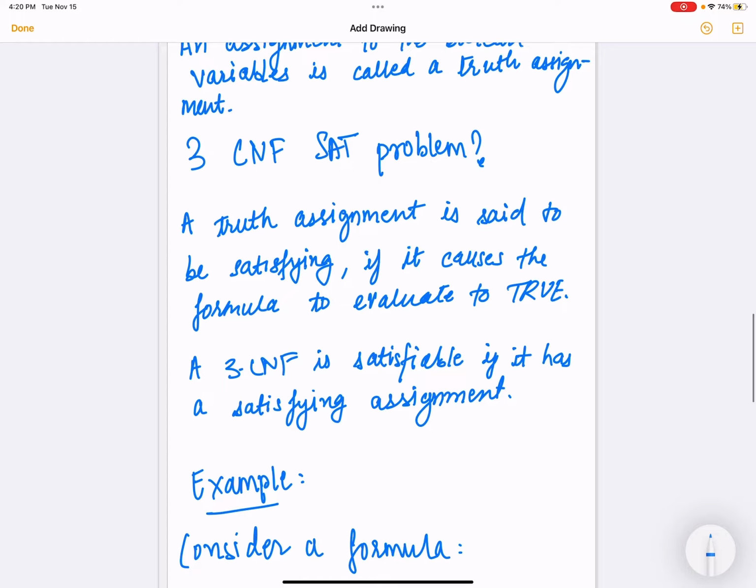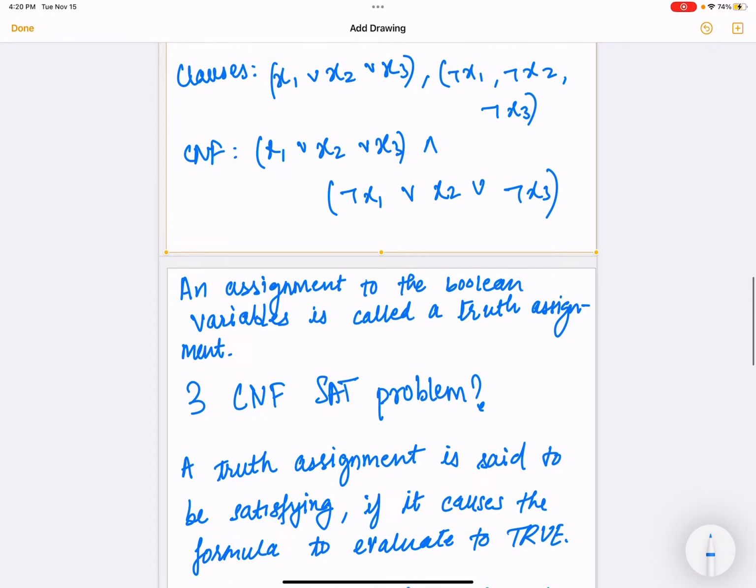So a truth assignment is said to be satisfying if it causes the whole formula to evaluate to true. That means that if we assign x1, x2 and x3 their Boolean values, that is either true or false, then this whole formula is satisfiable if we evaluate the whole formula and the answer is true.